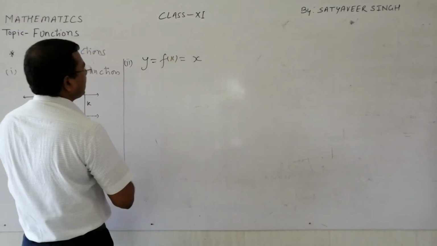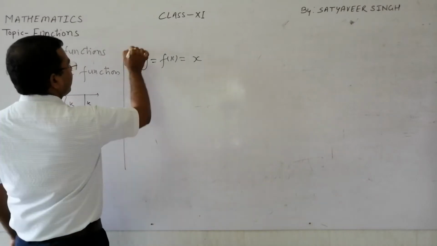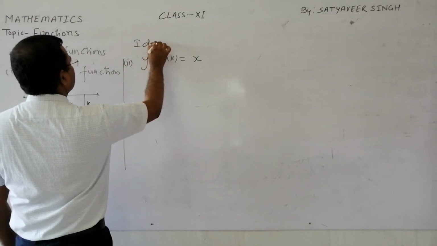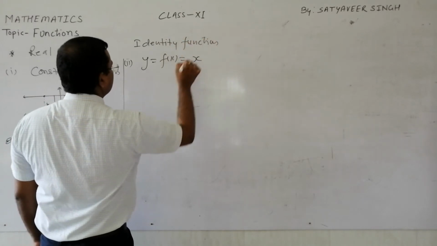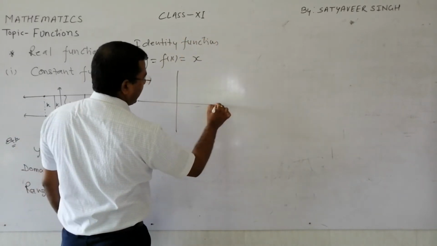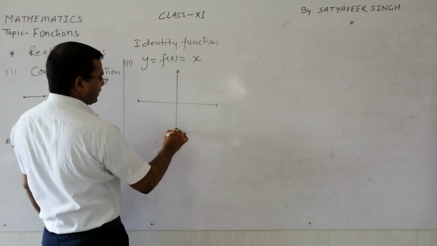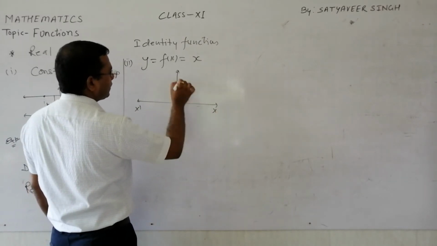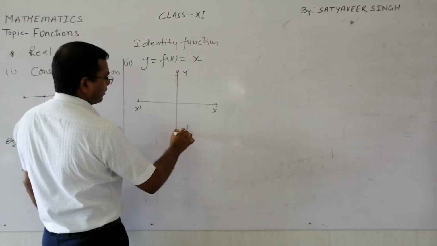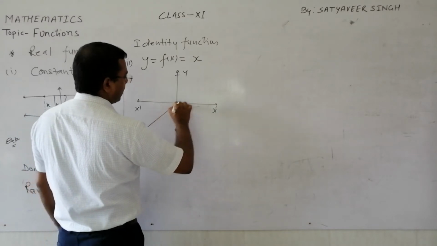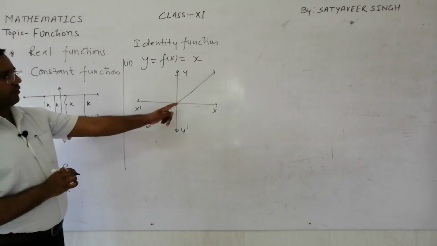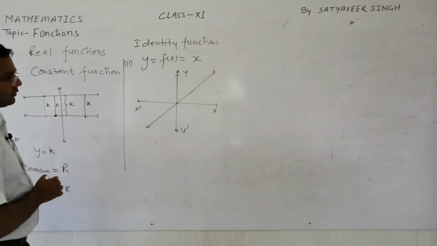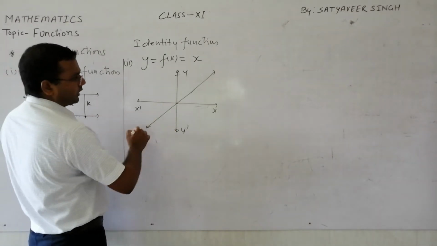This function is called the identity function. See the graph of the identity function: it passes through the origin, and it makes a 45-degree angle with the positive direction of the x-axis.